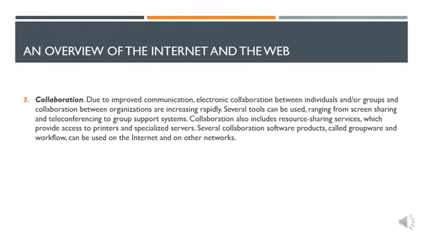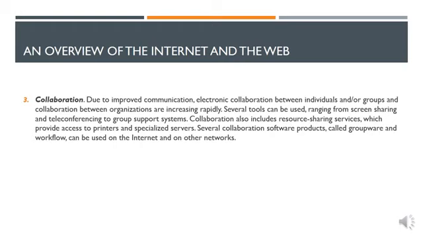Number 3, collaboration. Due to improved communication, electronic collaboration between individuals and/or groups and collaboration between organizations are increasing rapidly. Several tools can be used, ranging from screen sharing and teleconferencing to group support systems.